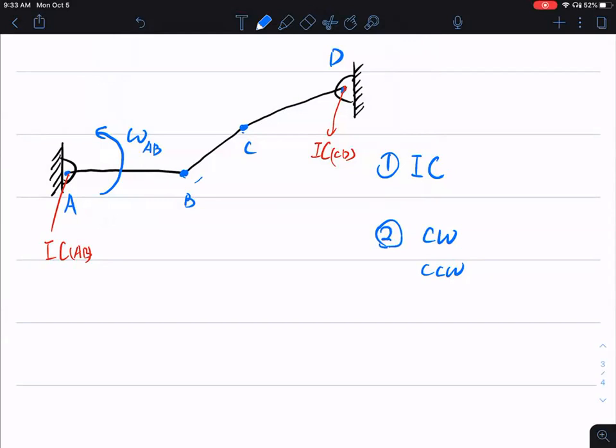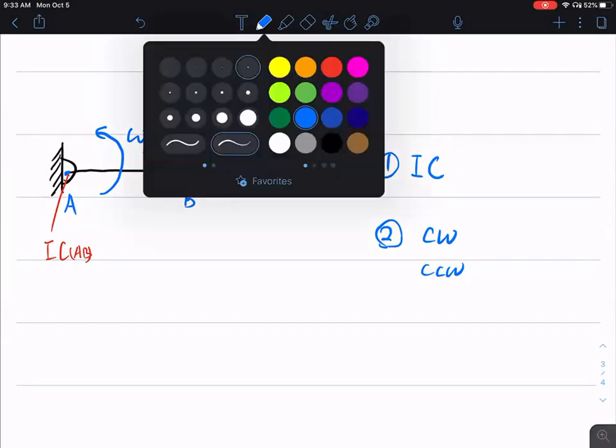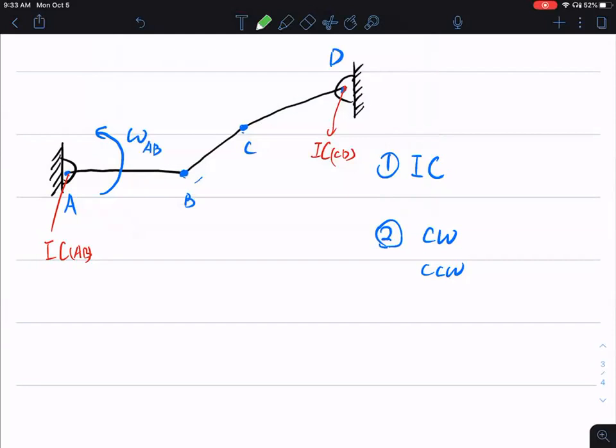At point B, use your finger, tell me the direction of velocity. Straight up. How about point C? What's the direction of velocity at point C? Use your finger, show me. Okay, it goes either that way or that way. We don't know, because we know the instant center for CD.